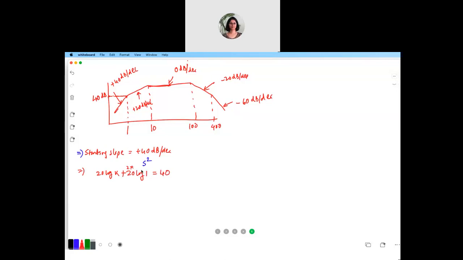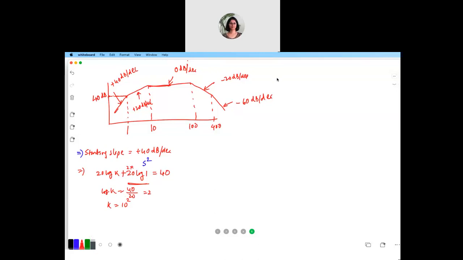Log 1 is 0. So this second part will be 0. So what do I get? Log K is equal to 40 by 20, which is equal to 2. So K is equal to 10 square. Okay. K is equal to 10 square, right?